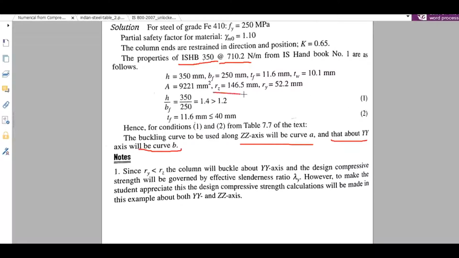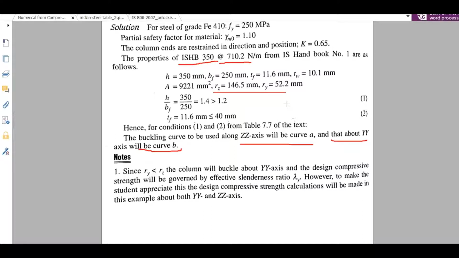Okay, so now you can see this rz and ry. In this, rz is more and ry is less. So what is the role of this radius of gyration? It will help you to find out the slenderness ratio, that means KL by r. So you will get two slenderness ratios for two directions, about the z axis and about the y axis: KL by rz and KL by ry.